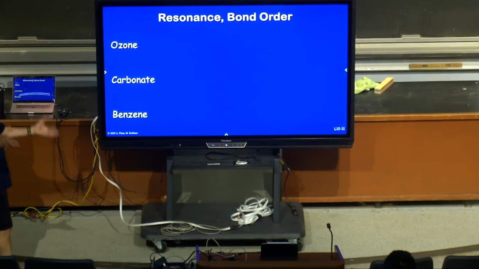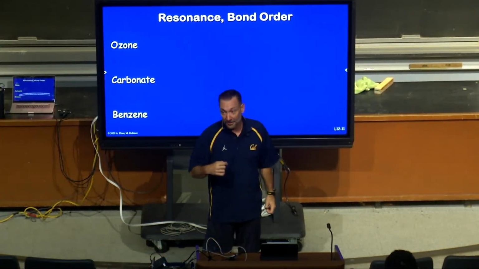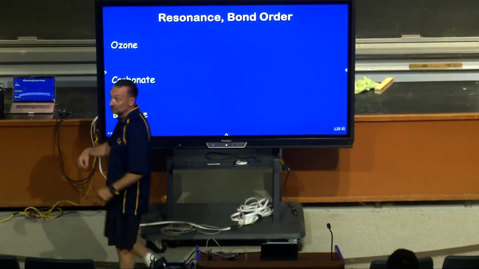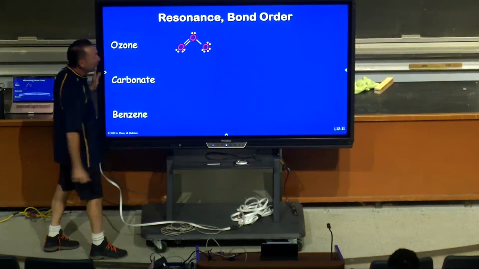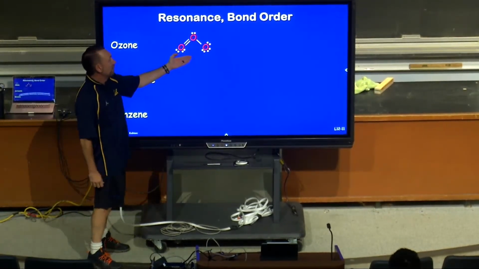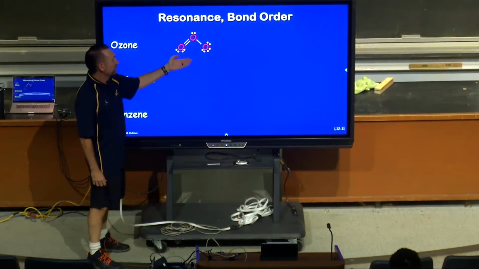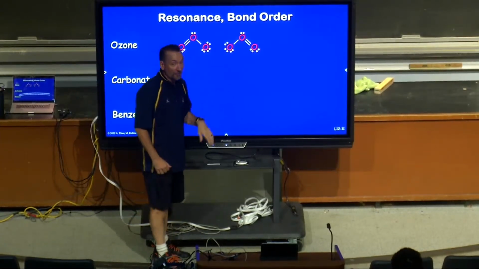When your molecule gets a little more complex, there's a lot of ways to draw the bonds. Are any of them more favorable than any other? So, the ozone molecule, 3 oxygens bonded together, and we can draw a Lewis dot structure that looks like this, but we could also have drawn it with the double bond over here.